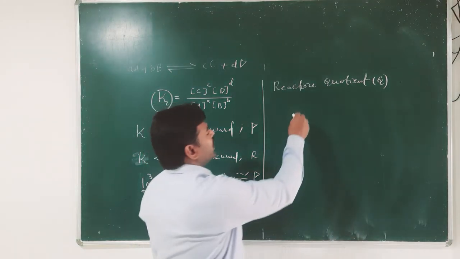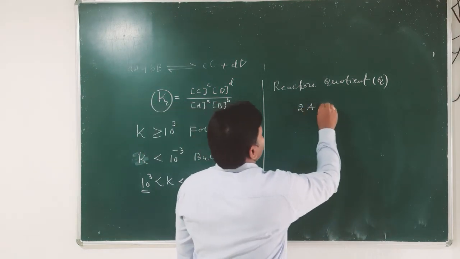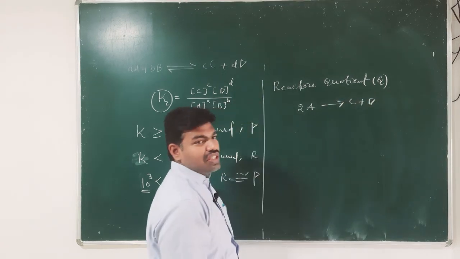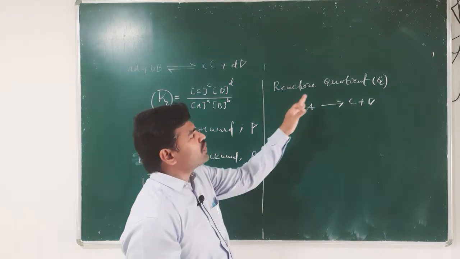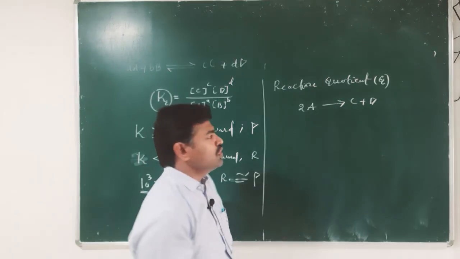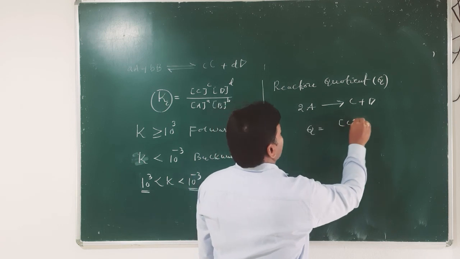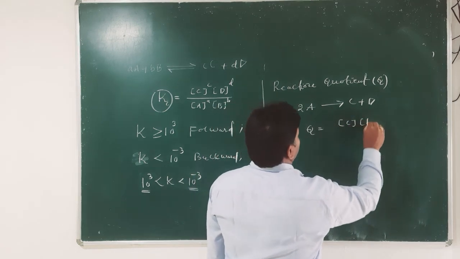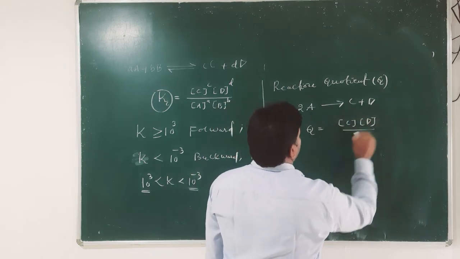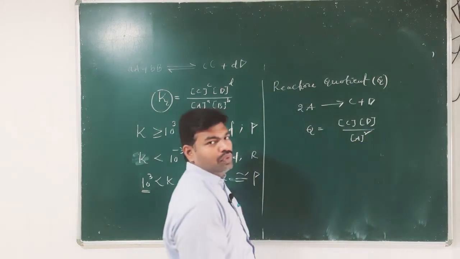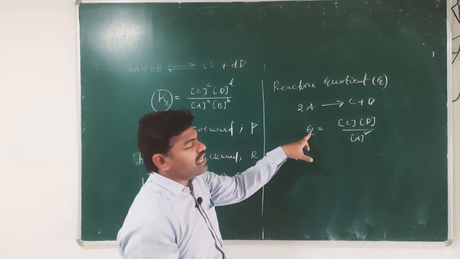For example, if you take a reaction 2A gives rise to C plus D, we can write the reaction quotient for this reaction. Like the equilibrium constant, Q is equal to concentration of C power concentration of D by concentration of A power 2.